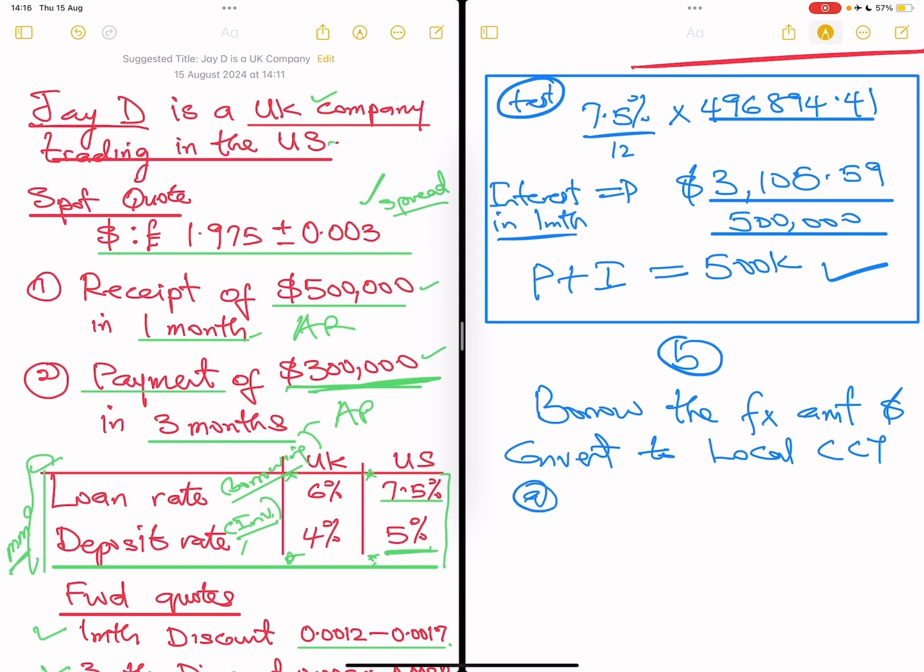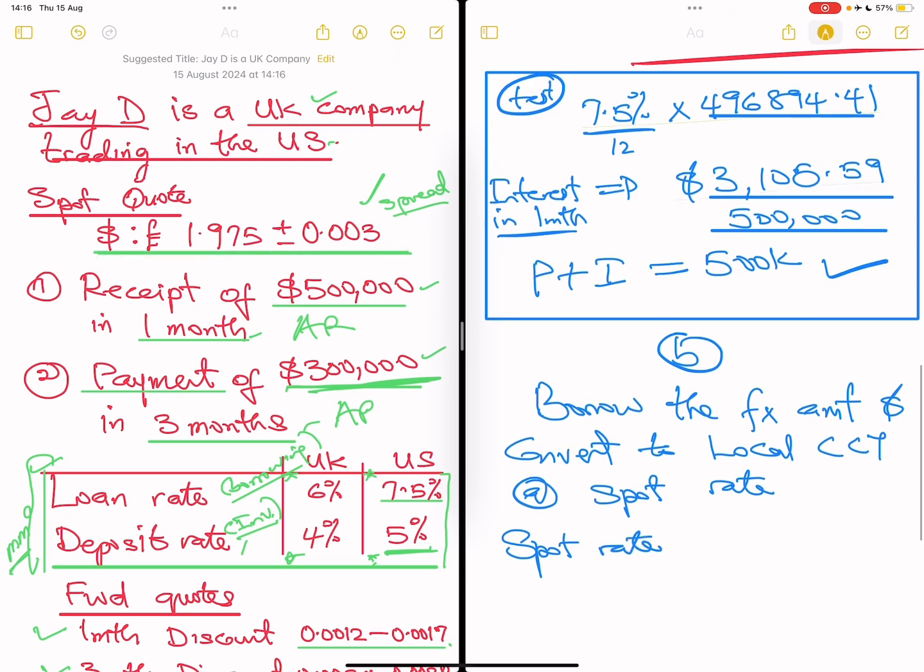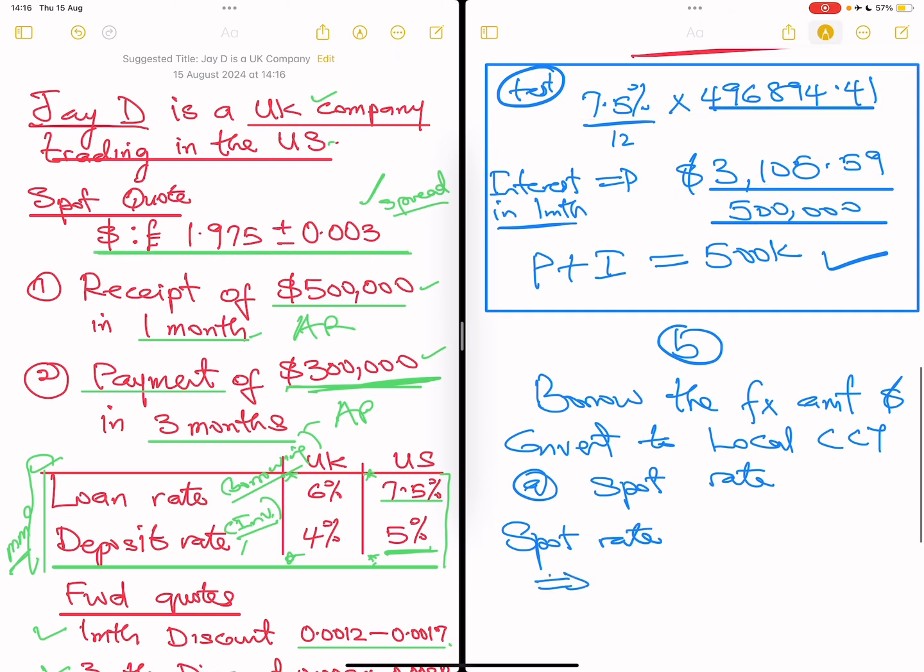And if we are doing it today, we'll be using the spot rate. So what's our spot rate? Our spot rate was given here, but with a spread, so by now you know how to get the spot rate in standard format. So we're going to deduct 0.003, which is the buying rate, which has to be smaller.